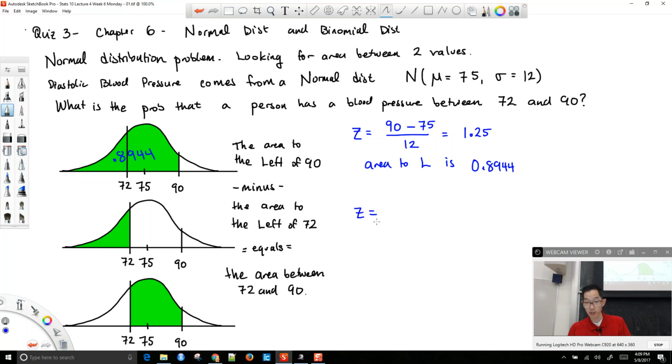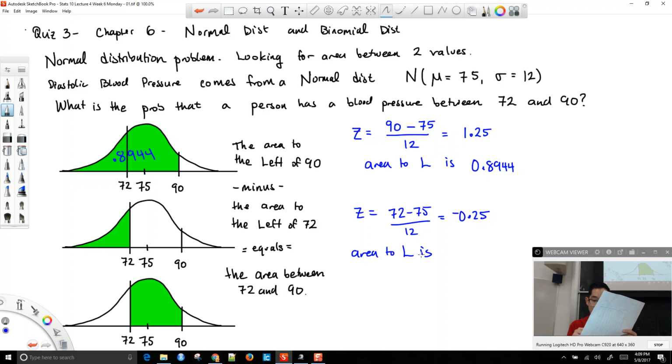Okay, next part, find the area to the left of 72. 72 minus 75 divided by 12, I get negative 0.25. And the area to the left of that, I look up on my table, negative 0.25, 0.4013.